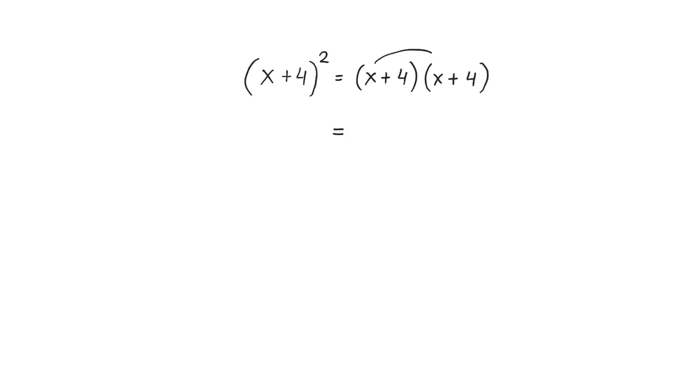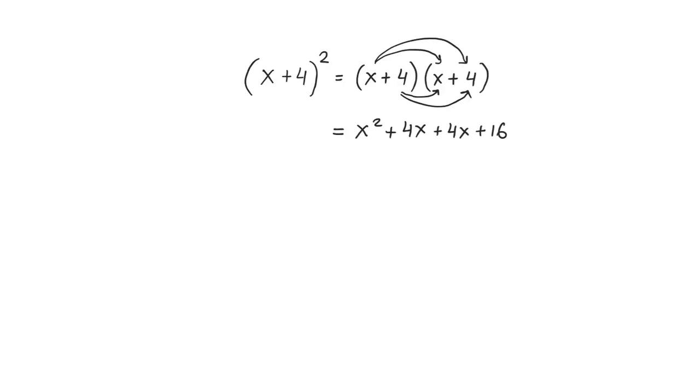X times x is x squared. X times 4 is 4x. 4 times x is another 4x, and 4 times 4 is 16.